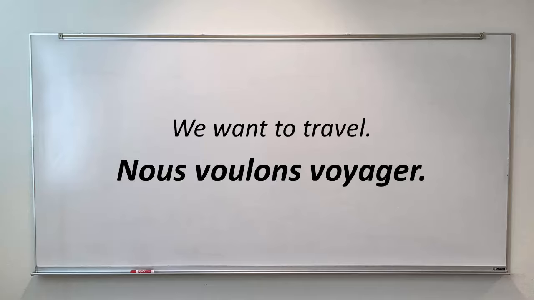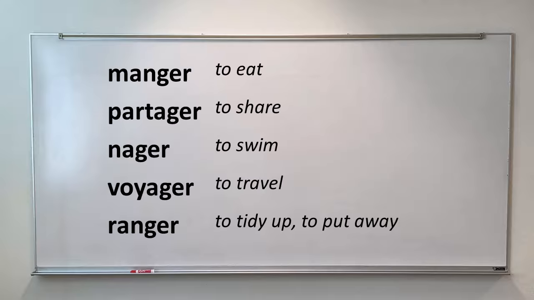So to finish up, I'd just like to show you some other verbs that are similar to voyager, that have the same spelling change. Remember that it only happens in the nous form in the present tense. And this is good vocabulary for you to know anyway. So the verb manger, to eat, will also have that spelling change where you actually add the E in.